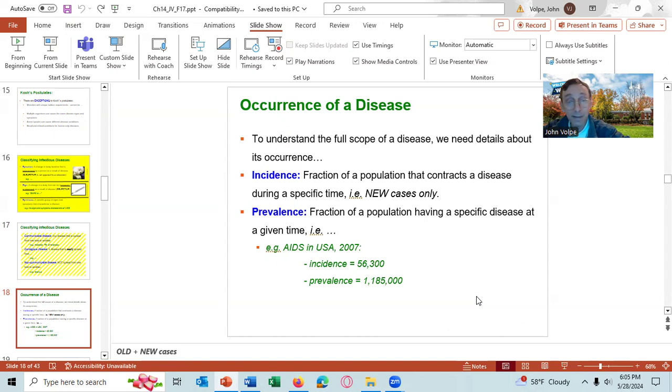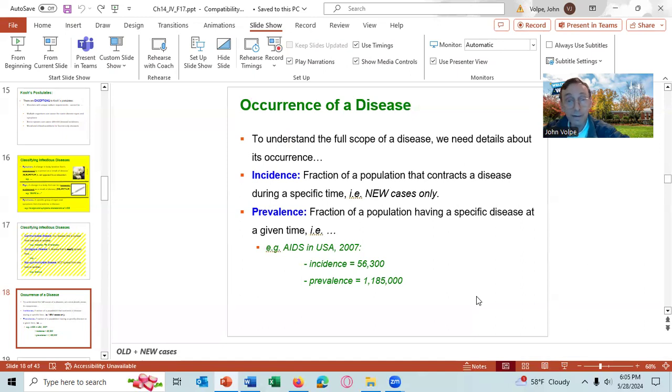But in some diseases like AIDS, we tend to talk about the disease with the prevalence, meaning when we're talking about AIDS or HIV, we're talking about the fractions of the population having the specific disease at a given time, including both the new cases and the old cases.